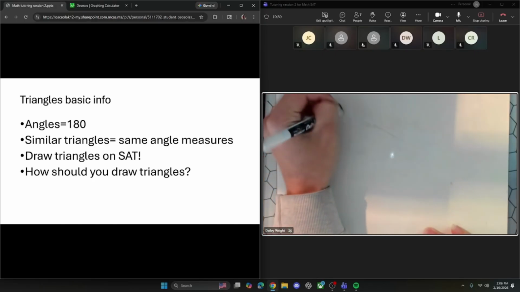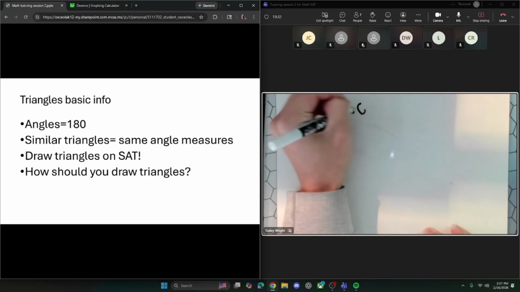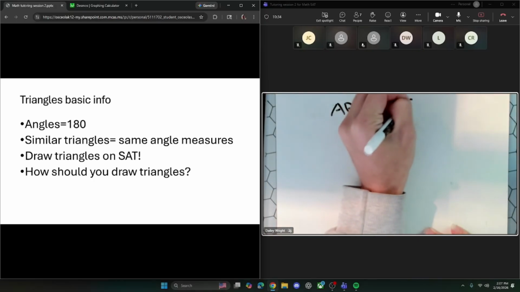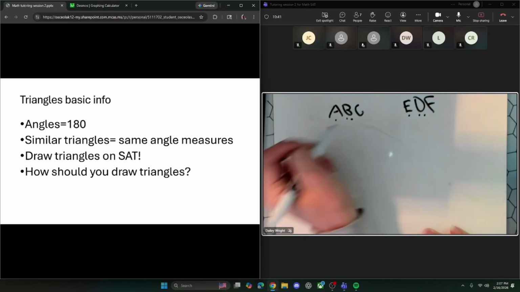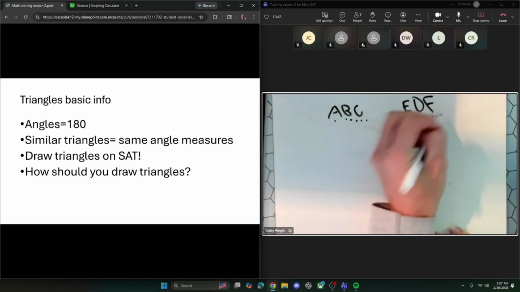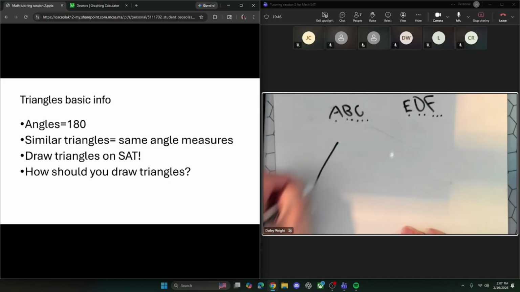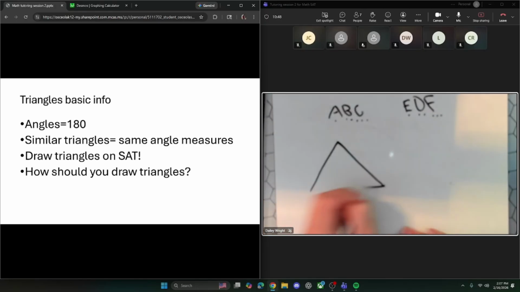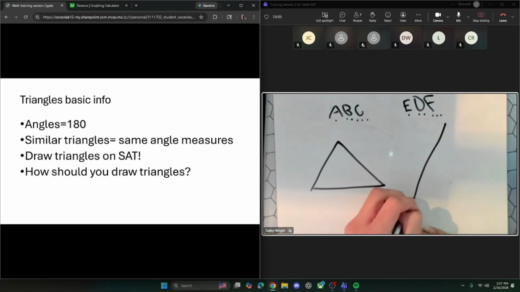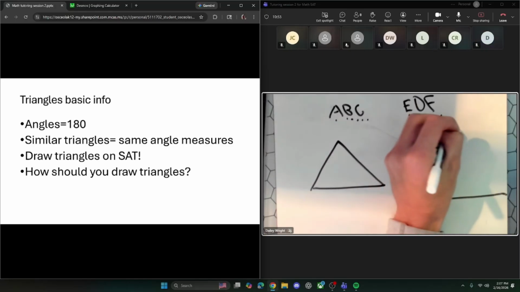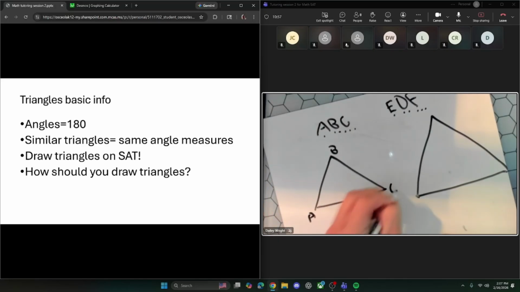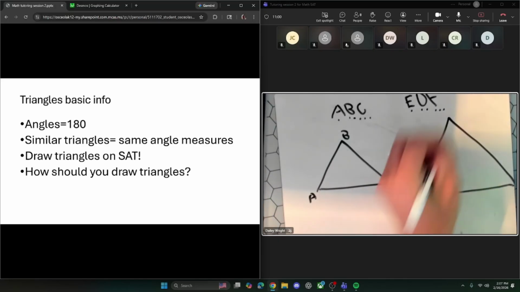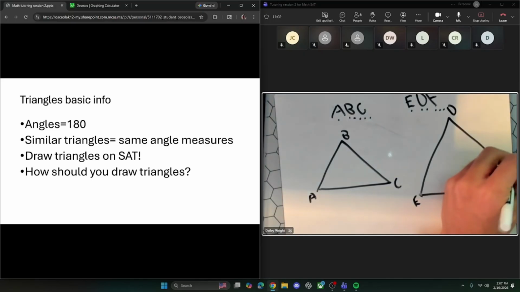So sometimes it'll give you triangle ABC and then triangle EDF and say they're similar, where A corresponds to E, B corresponds to D, and C corresponds to F. And then they'll make the triangles. Let's say they make this one a little bit bigger. A, B, C, E, D, F.